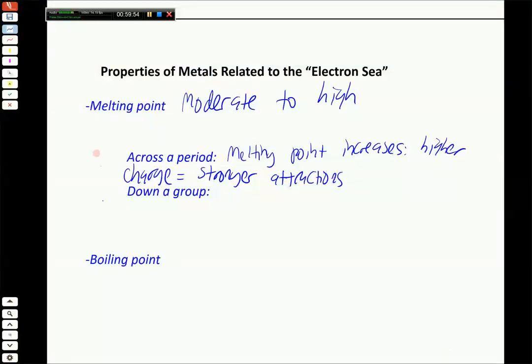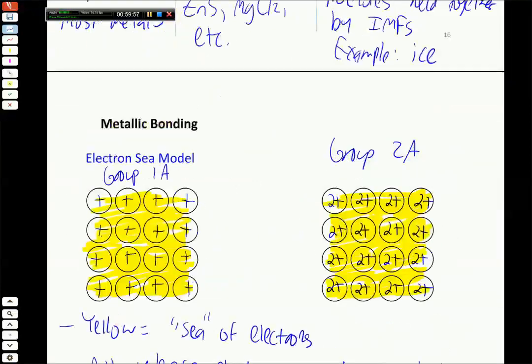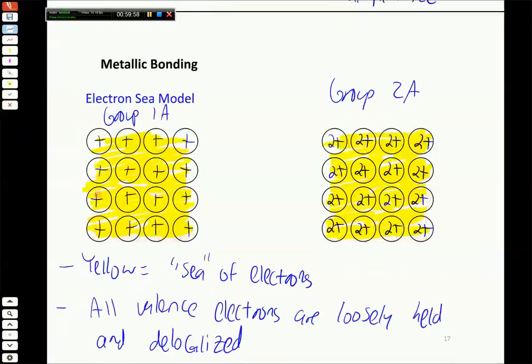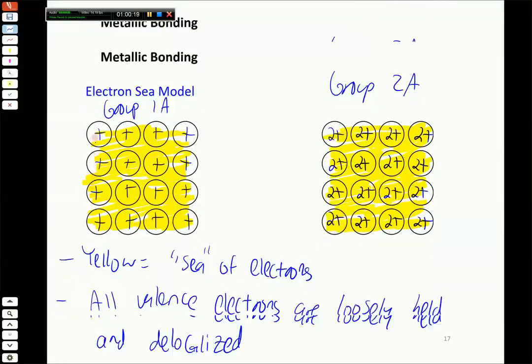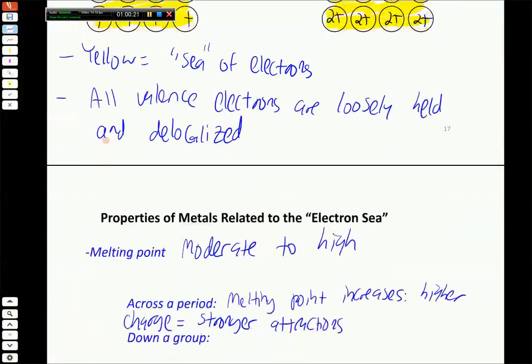So as we go back to this picture we drew up here, in group 1A you have one valence electron from each atom, and you have formally then positive charges at each position, and so you have an interaction between one valence electron and one positive charge that is delocalized. In group 2A, you have two valence electrons, so you have higher positive charges at each center, 2+ charges instead of 1+, and because of the higher charges, you have stronger attractions between the electrons and those metal atoms.